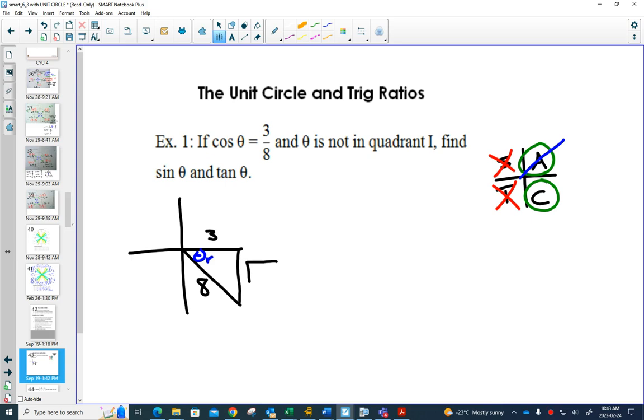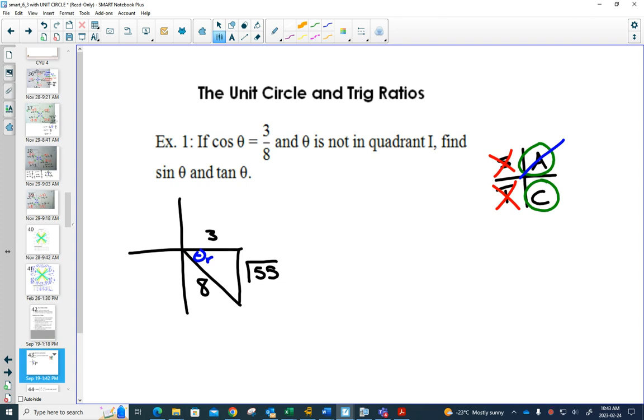Did you get the square root of 55? Because c squared, your hypotenuse, would be 64. This side, 3 squared, would be 9. 64 minus 9 would be 55. And the other side will be the square root of 55.